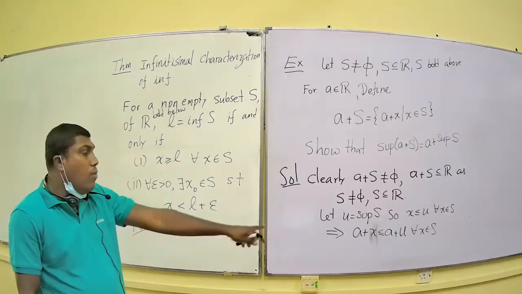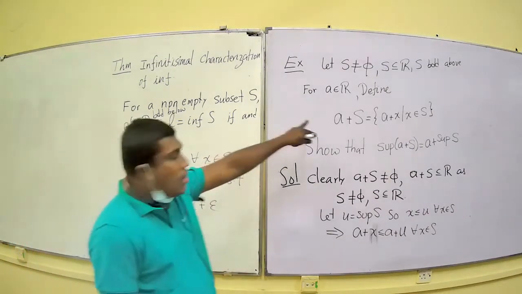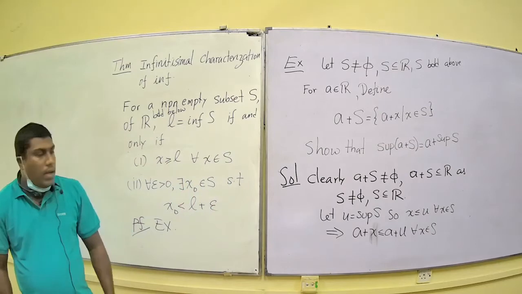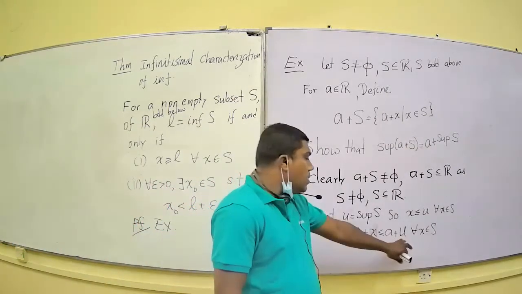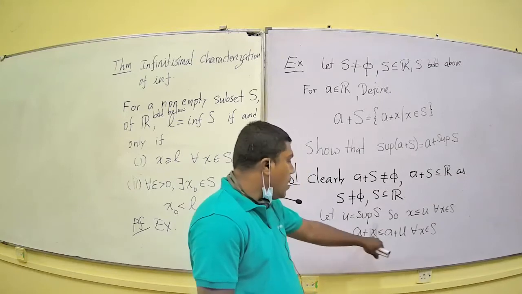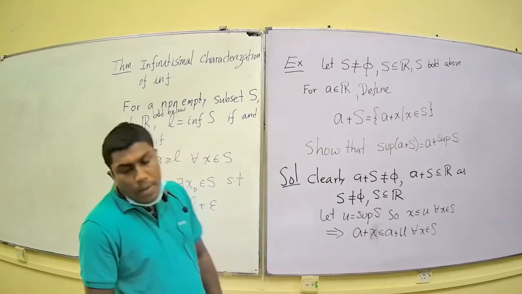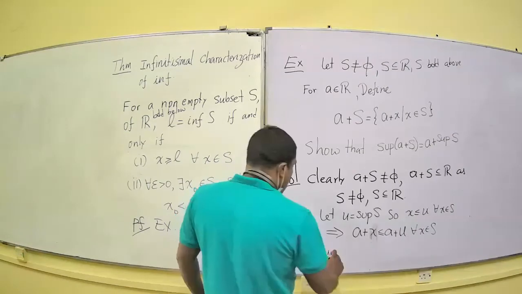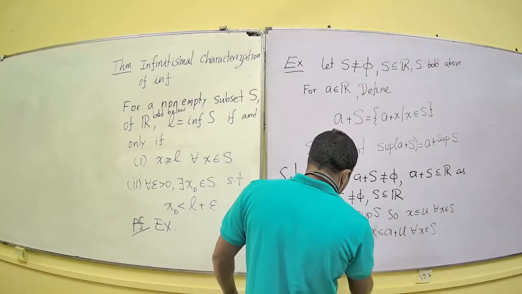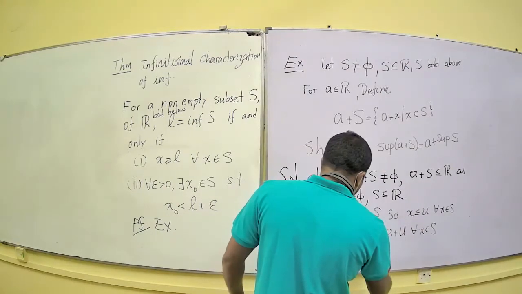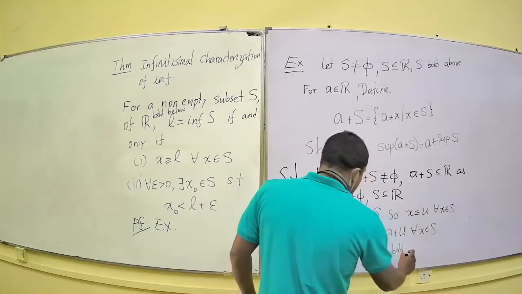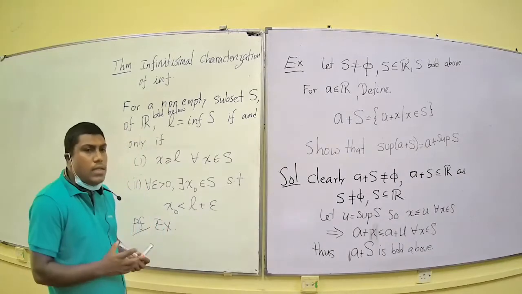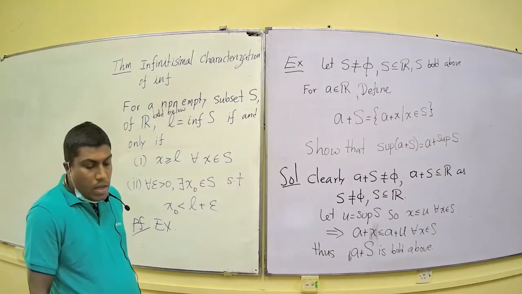So that means every element in the set A plus S, which we know is of the form A plus x, is bounded by the value A plus U. So clearly, the set A plus S is bounded above.